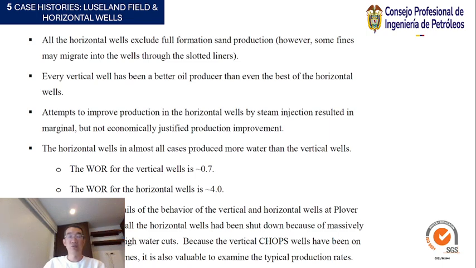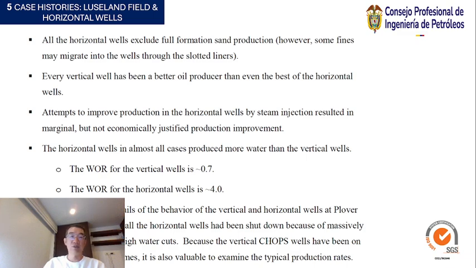Attempts to improve production in the horizontal wells by steam injection resulted in marginal but not economically justified production improvement. The horizontal wells, in almost all cases, produced more water than the vertical wells.